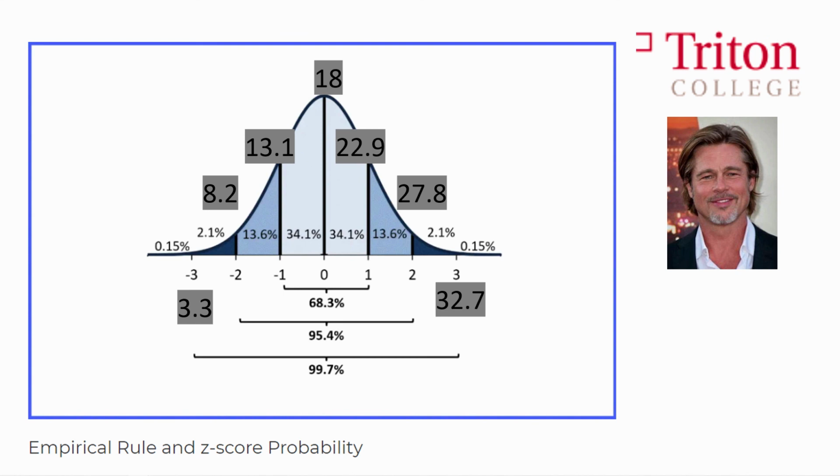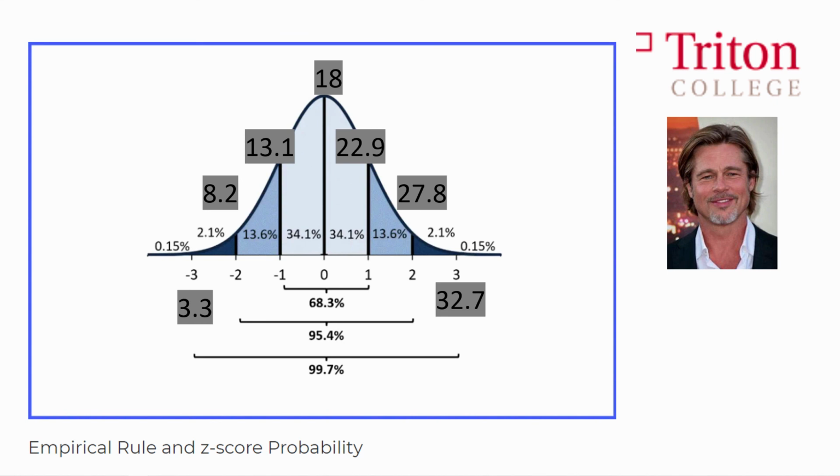We also have the empirical rule telling us that if we look at 3 deviations from our mean, only 2.1% of our values are going to be between 2 standard deviations and 3 standard deviations above the mean. And looking to the left, 2.1% is between 2 and 3 standard deviations below our mean. And if you look down at the bottom number, we have 99.7.